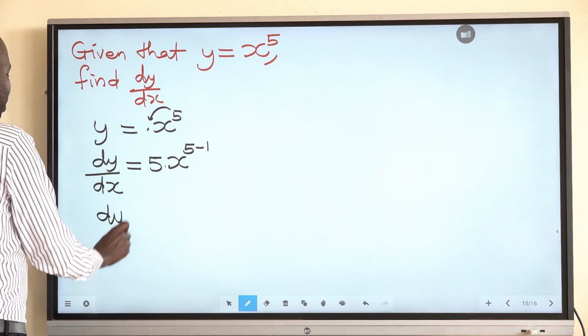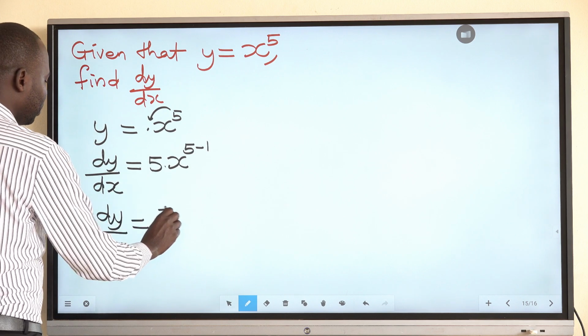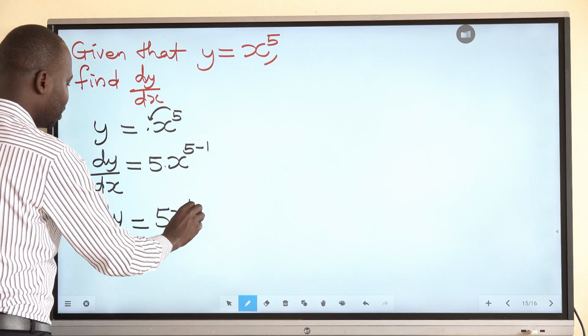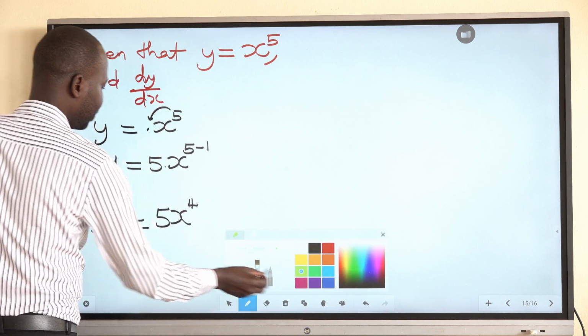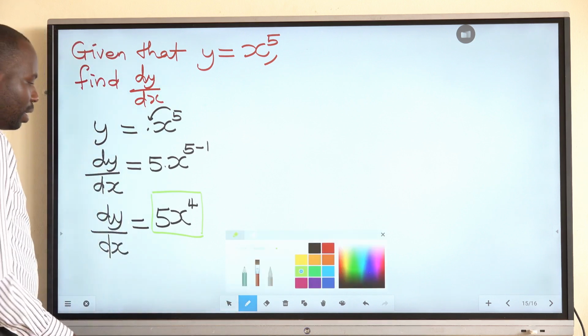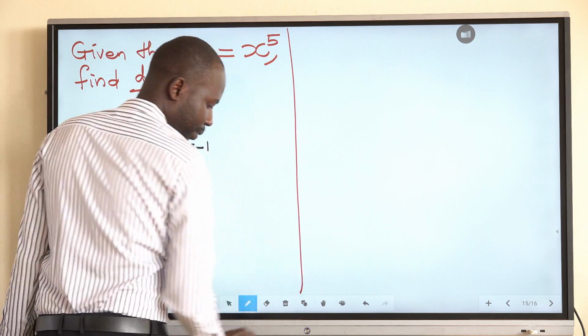So our final answer is dy dx equals 5x, then on this side 5 minus 1, that is 4. So the answer is 5x to power 4.